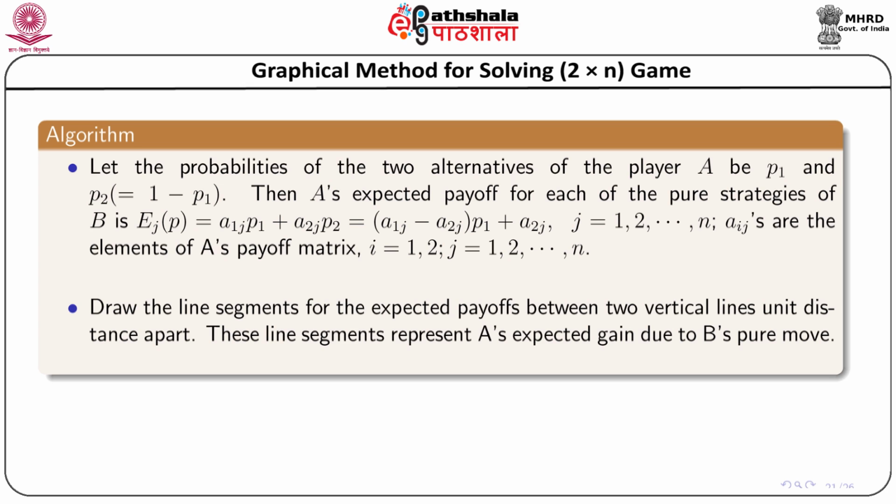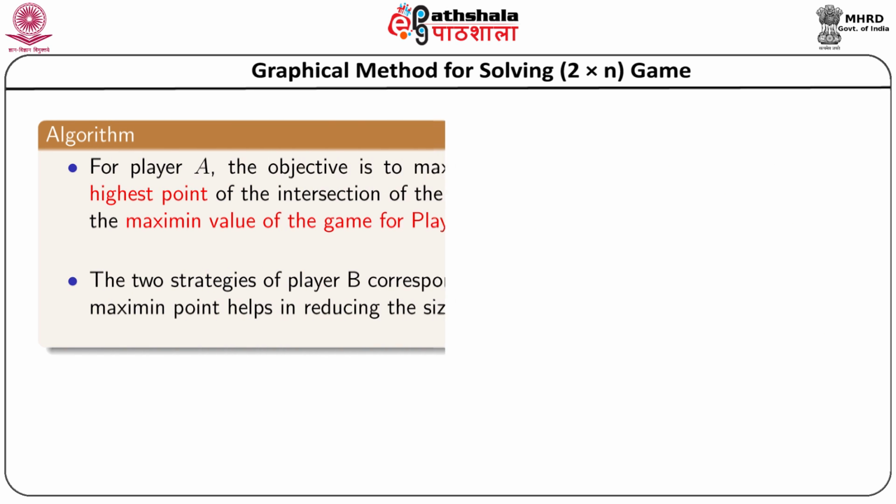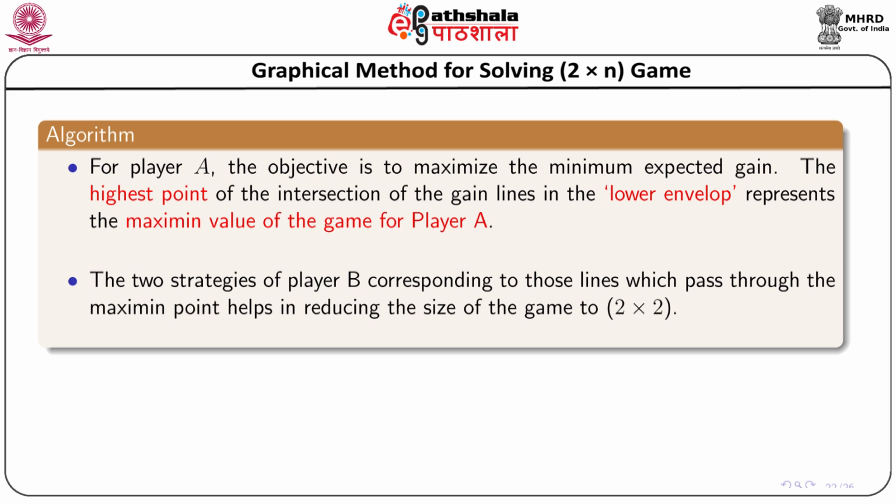Then we draw the line segments for the expected payoffs between two vertical lines unit distance apart. These line segments represent A's expected gain due to B's pure move. For player A, the objective is to maximize the minimum expected gain.